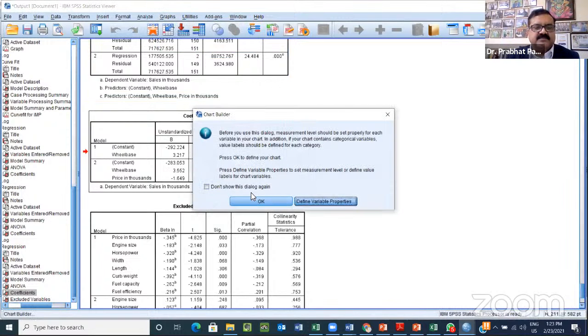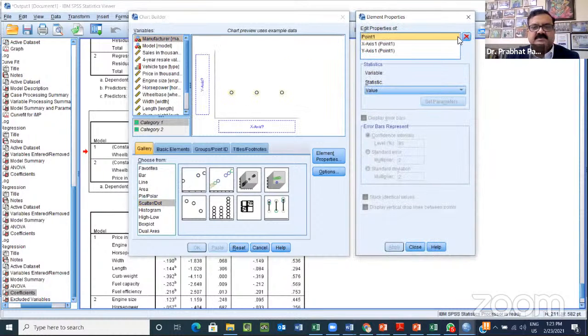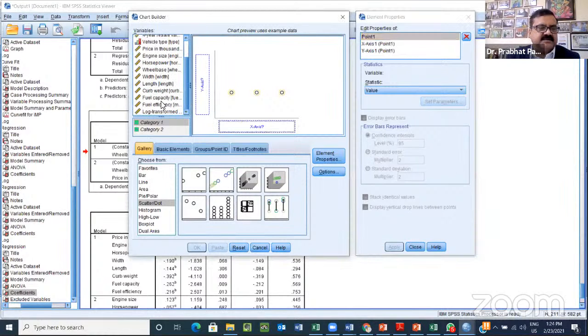So we go to the Chart Builder, just to give a little more insight into this market. We go to scatter plot again, because a scatter plot is a wonderful tool for understanding the data and deriving conclusions. Here we are going to look at fuel efficiency on one hand and car sales on the other.